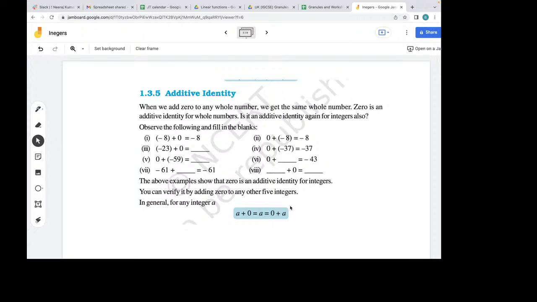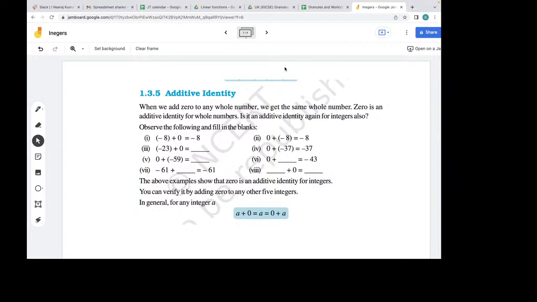So this is also an example of the commutative property. They have added both of them in different orders and they get a only. So they have told you about additive identity as well as the commutative property. So 0 is the additive identity of integers as well.